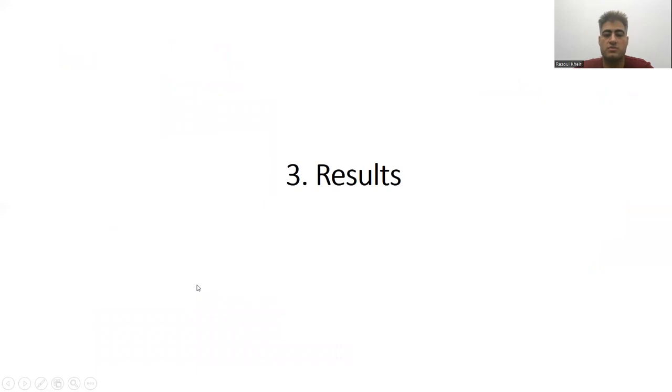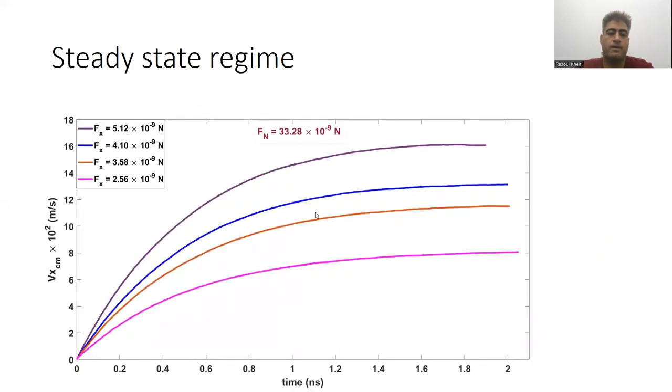For the result, after some time, we see that the particle reaches a steady state. And for this particular example, the particle reaches nearly a steady state in around 2 nanoseconds.